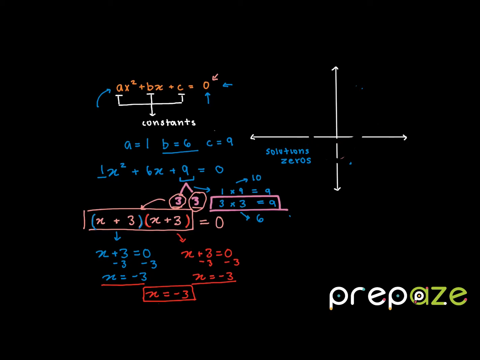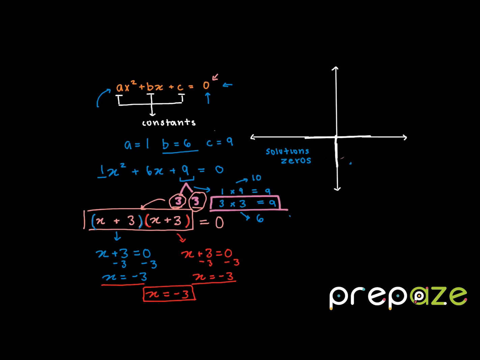So now that we know that the solution to this quadratic equation is going to be x equal to negative 3, let's see how this would look on a graph. I'm just going to connect these lines again since I erased the previous graph. So we know that it's going to be x is equal to negative 3.